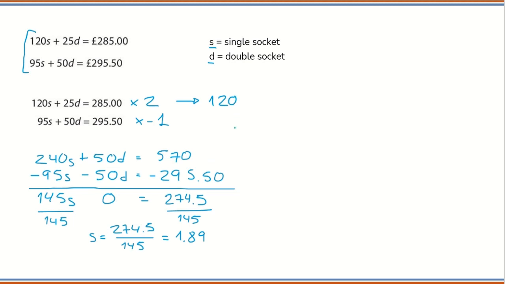120 times S, which is 1.89, plus 25D equals 285. So this multiplication is 226.8 plus 25D equals 285.